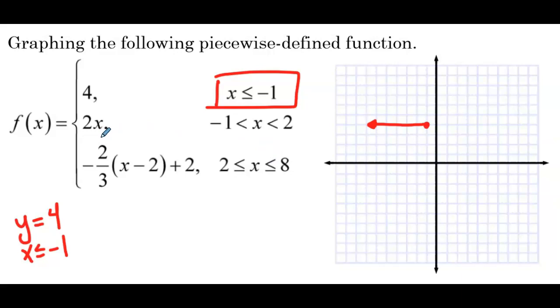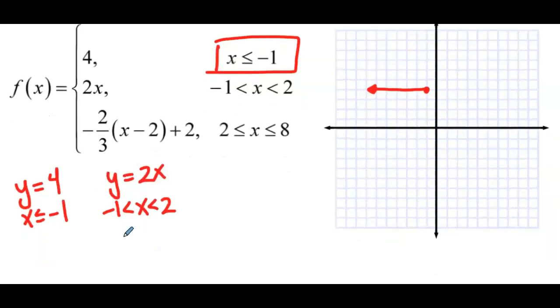Next, we're graphing 2x on the domain. So we're graphing y equals 2x on the domain negative 1 is less than x, which is less than 2. So let's start by finding the point when x equals negative 1. So when x equals negative 1, we substitute that in, and we get negative 2. So our first point would be negative 1, negative 2. And then when x equals 2, plug that into y equals 2x, y is 4.